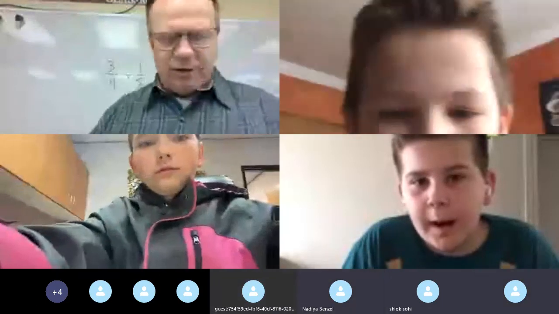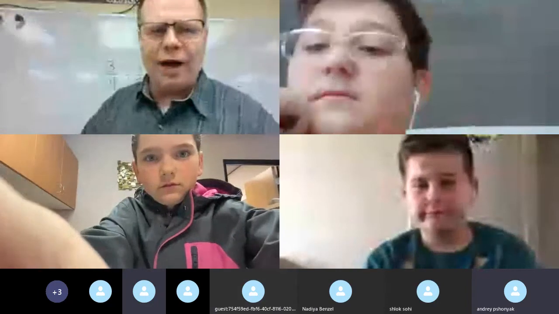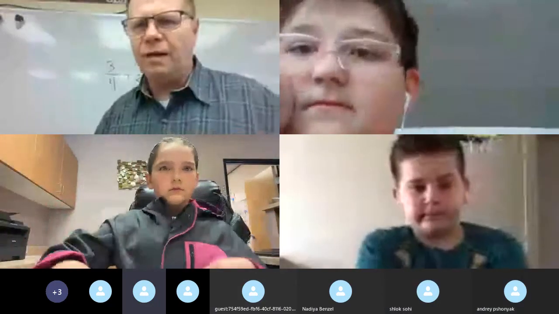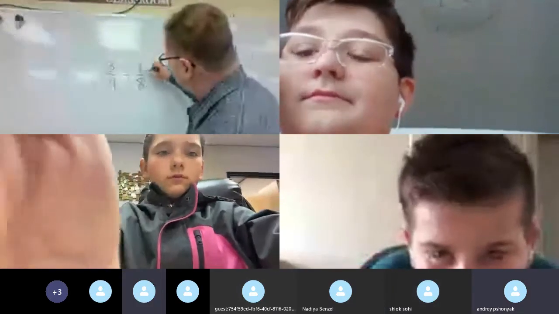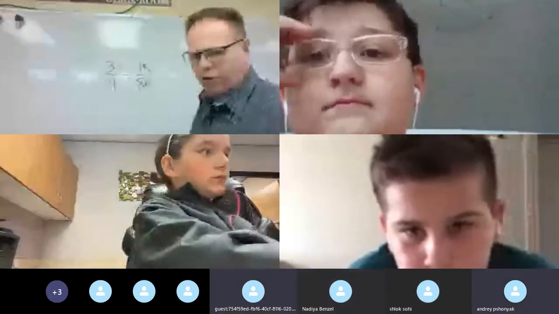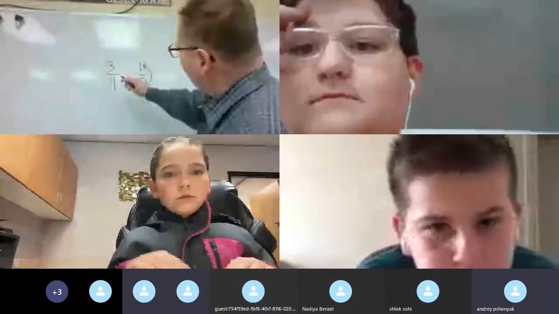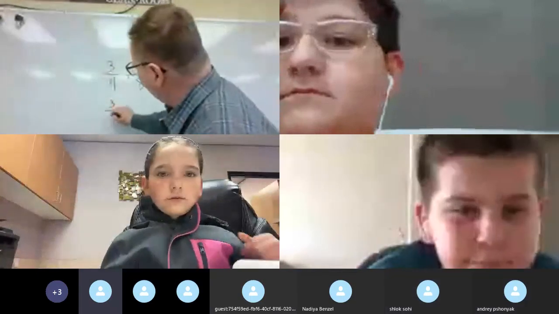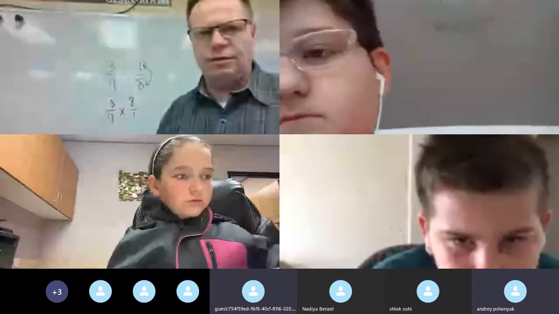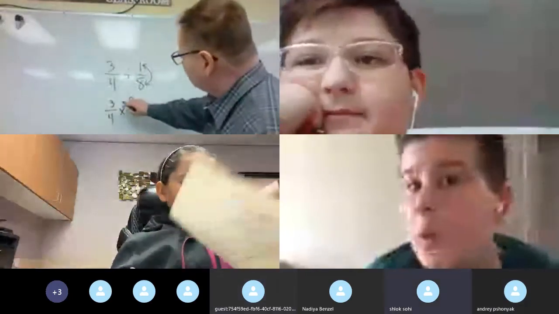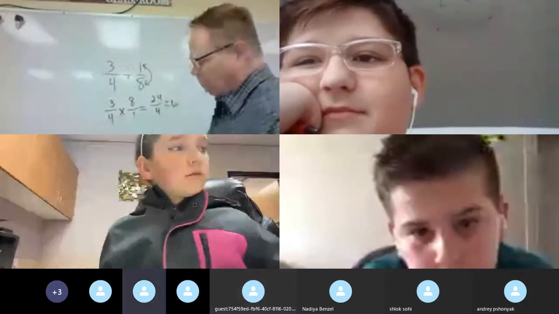You cannot divide by a fraction, but you can multiply by the reciprocal of the fraction. The reciprocal means you take the numerator and denominator of your second number, the one you're dividing by, and you switch them. So 3/4 divided by 1/8 becomes 3/4 times 8/1. Then you multiply: 24 divided by 4, which equals 6.